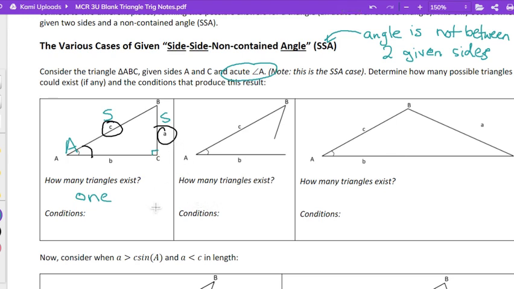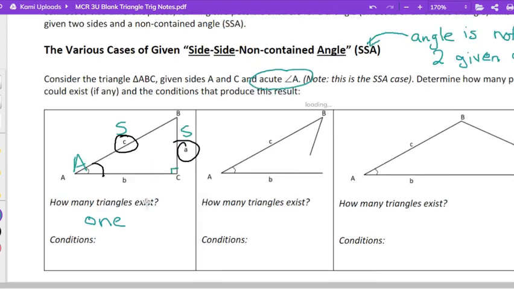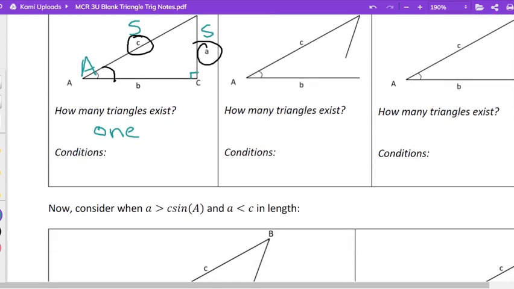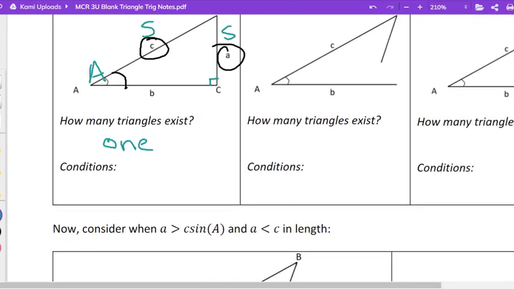Now, what are the conditions? I know this is a bit confusing. What we're looking at is the length of a. In each of these examples, we're looking at the length of the side that is not touching the angle, or we could say it's opposite from the given angle.